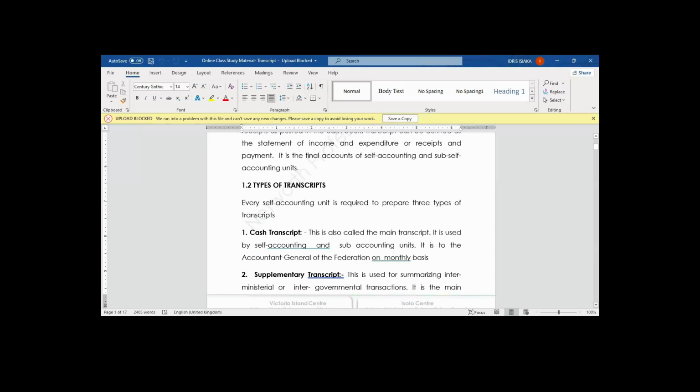It is used by self and sub-self accounting units. It is the main transcript sent to the Accountant General of the Federation on a monthly basis.